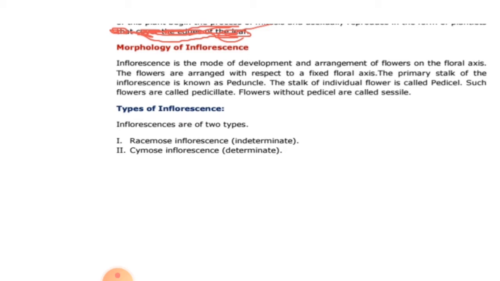The primary stalk of the inflorescence is known as peduncle, and the stalk of the individual flower is called pedicel. There are two terms.